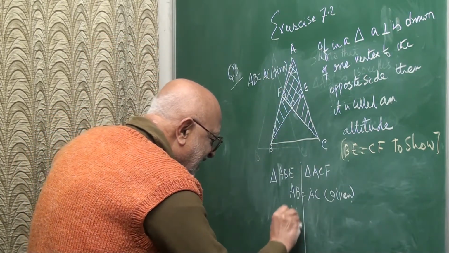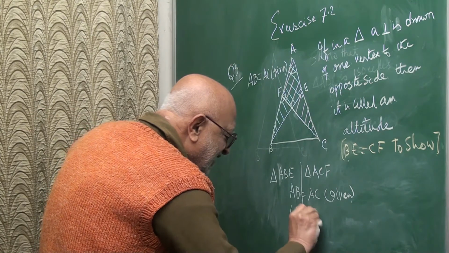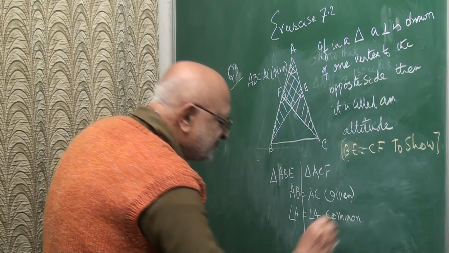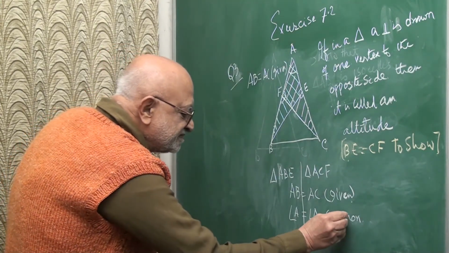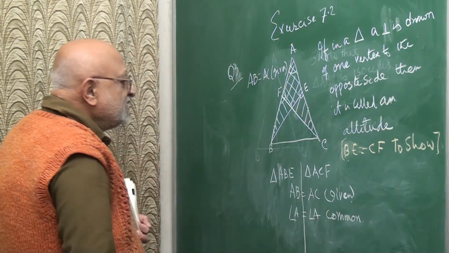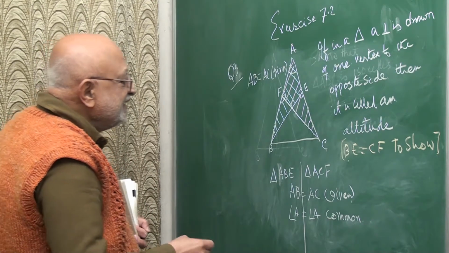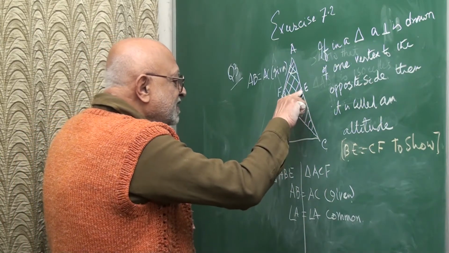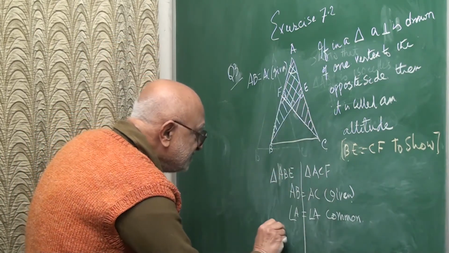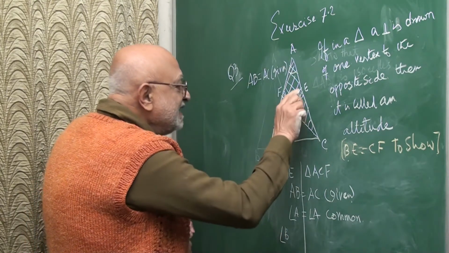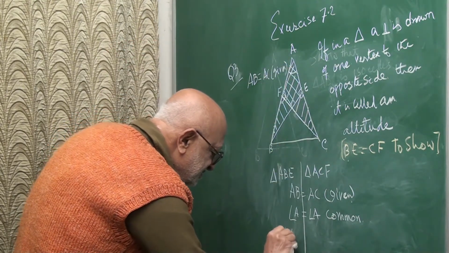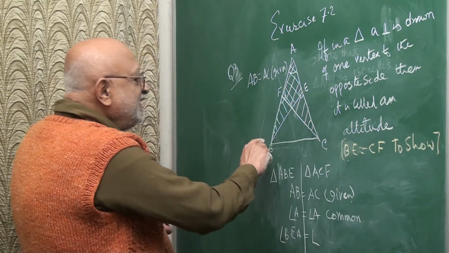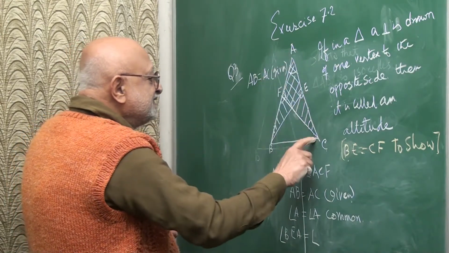So angle A is equal to angle A, which is common. What else can I take? I can definitely take advantage that this particular angle, angle BEA, is equal to angle CFA.